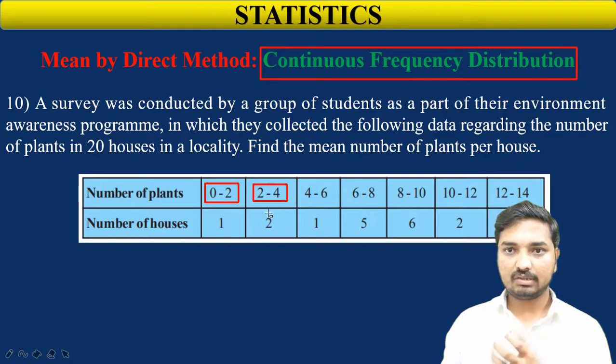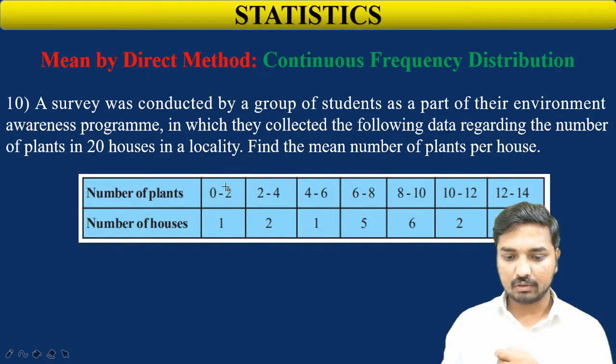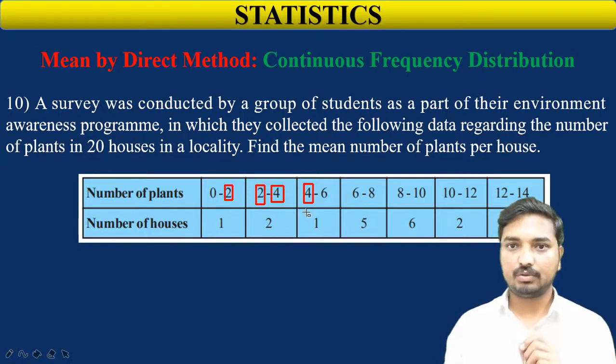The class intervals are continuous because whatever upper limit is present here, 2 is the upper limit, the same number becomes the lower limit of the next class interval. That's why it is called continuous frequency distribution. From the second class interval to the third, the upper limit is 4, and the same number becomes the lower limit of the next class interval. The name continuous is because of this reason.